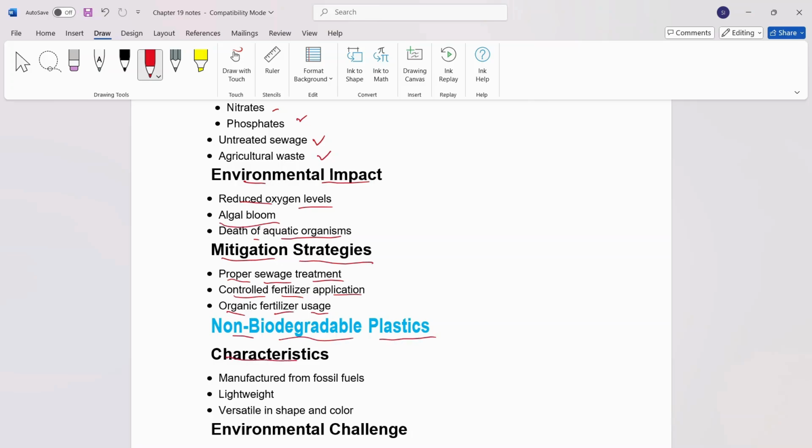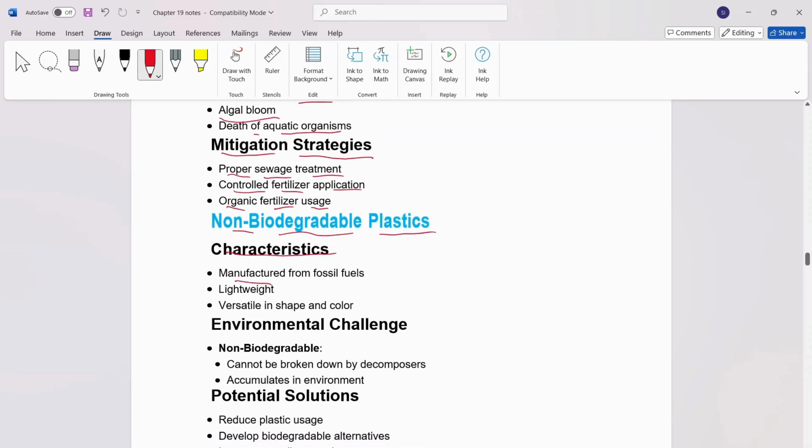Non-biodegradable plastics: characteristics include being manufactured from fossil fuels, lightweight, and versatile in shape and color. Then we have the environmental challenge: they are non-biodegradable and cannot be broken down by decomposers. So we don't need such substances which cannot be decomposed.